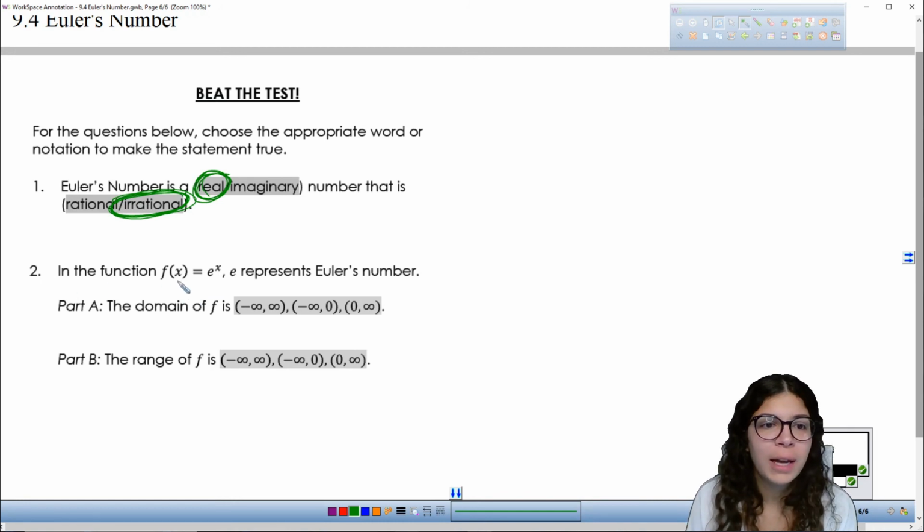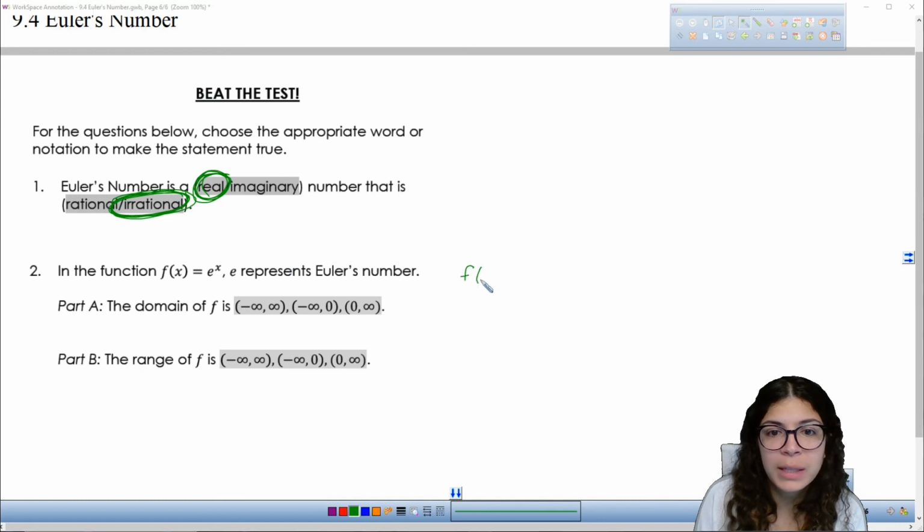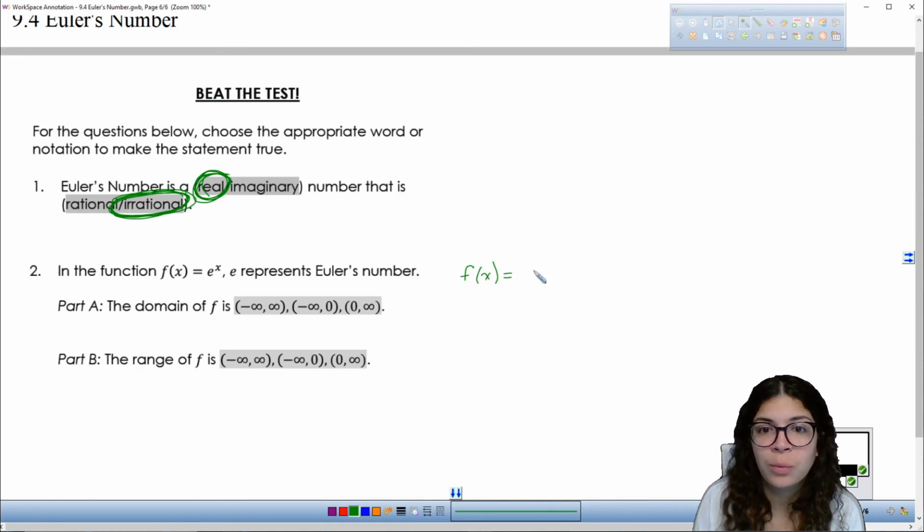In the function f of x equals e to the power of x, e represents Euler's number. Now, what is the domain? Well, let's think about what e is. e is about 2.7. So this is really an exponential function where the base is roughly about 2.7.